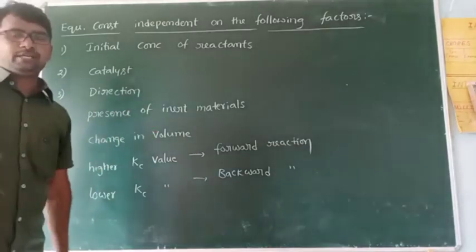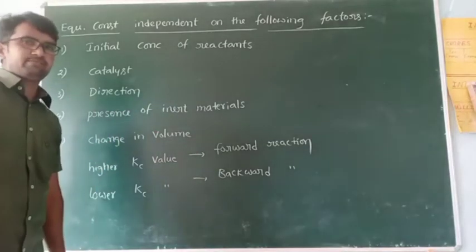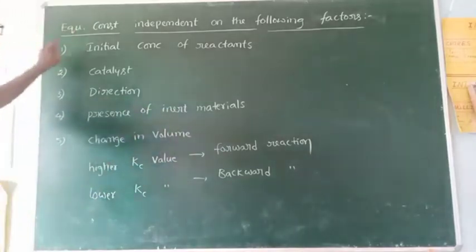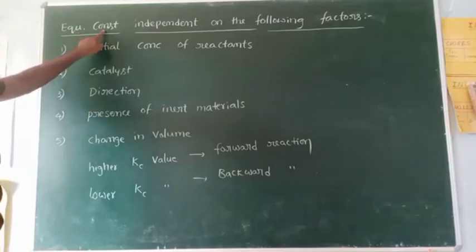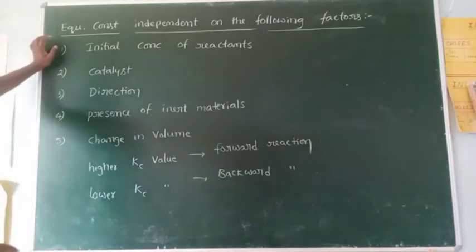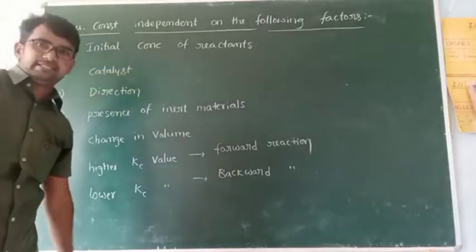The equilibrium constant is independent of the following factors, meaning it does not depend on them. Here I use shortcuts, but you have to write complete sentences. First one: initial concentration of the reactants.